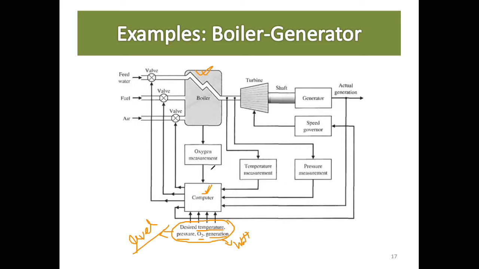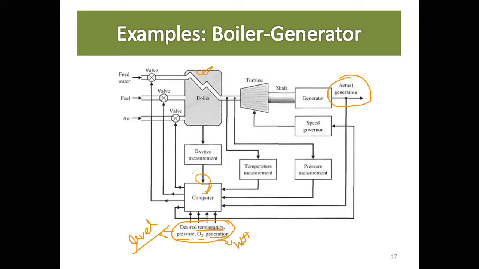See, the oxygen measurement: the oxygen level of the boiler comes to the computer, the temperature comes here, pressure also comes here, and finally, when the turbine runs, the turbine will rotate and run the generator, and the generator will produce electricity. As a result, we will see the actual generation. So it also comes to the computer.